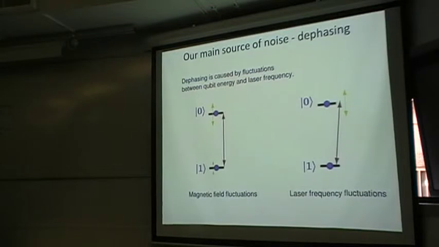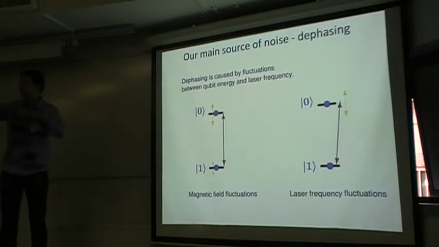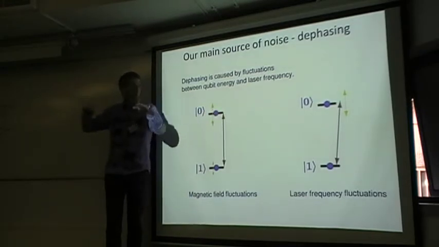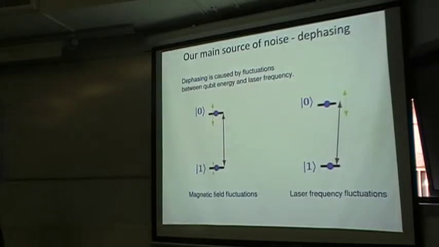And of course, magnetic field fluctuations, since the ions are very close together, and laser frequency fluctuations also, since it's one laser that is affecting all of these ions at the same time, will affect all of these ions equally. So you will have just the 2 clocks running not at the same frequency, so to say, and due to that we have phase errors for all of these ions in the same direction.